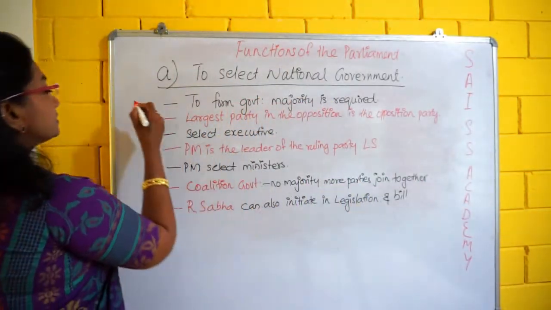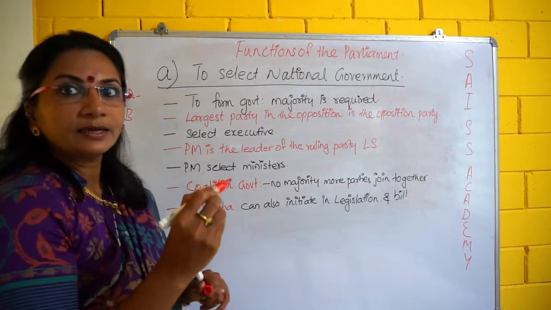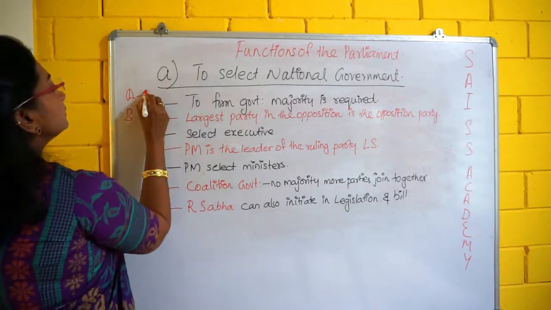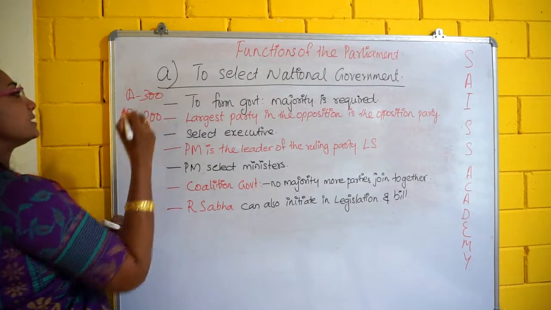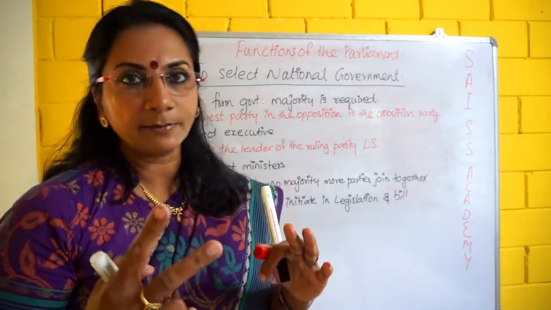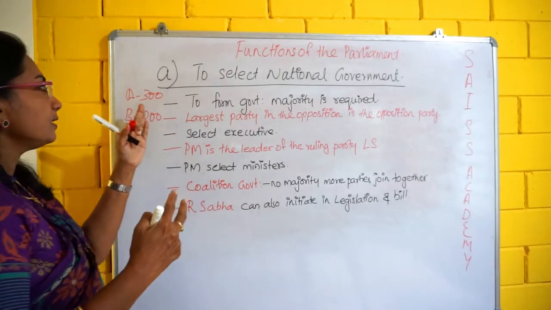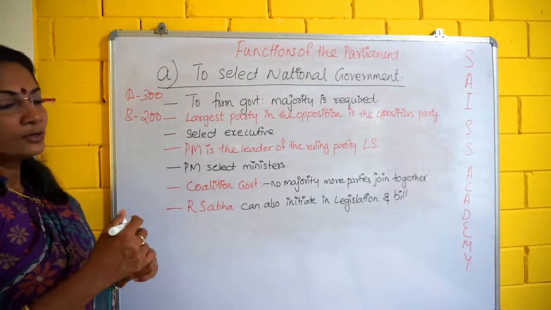Suppose there are 2 parties, A and B, and the A party has 300 seats and the B party has only 200 seats.